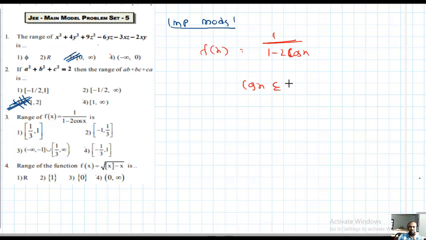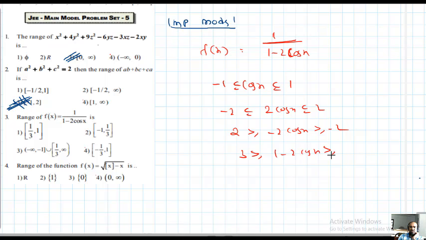Cos x lies between minus 1 to 1. Multiply by 2: minus 2 lesser than or equal to 2 cos x lesser than or equal to 2. Multiply by minus, the inequality will alter: 2 greater than or equal to minus 2 cos x greater than or equal to minus 2. Add 1: 3 greater than or equal to 1 minus 2 cos x greater than or equal to minus 1.